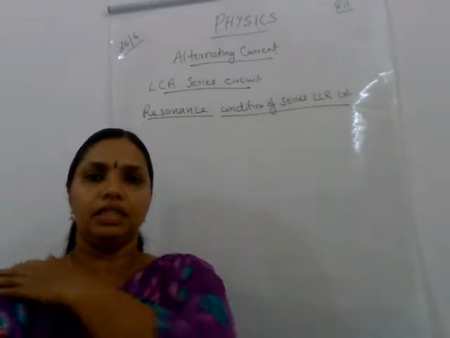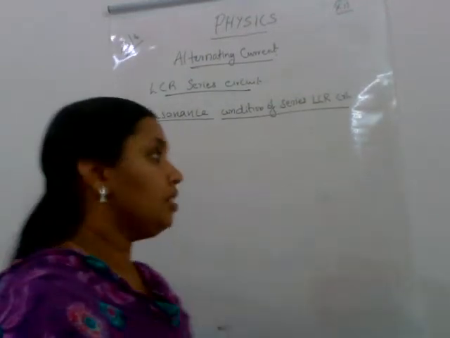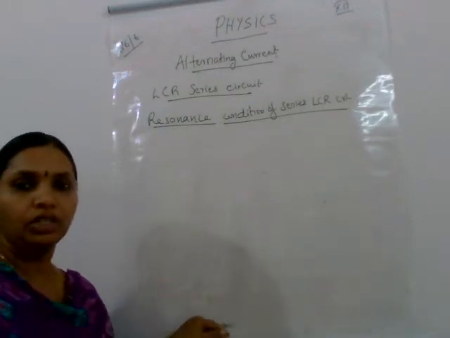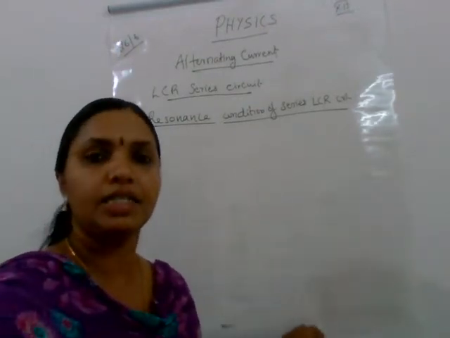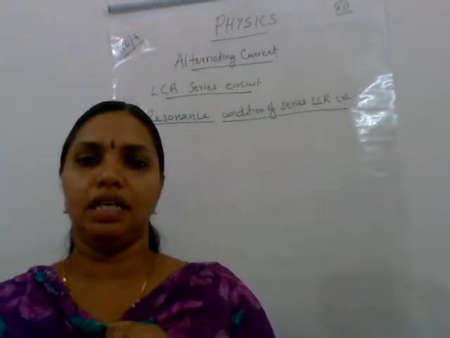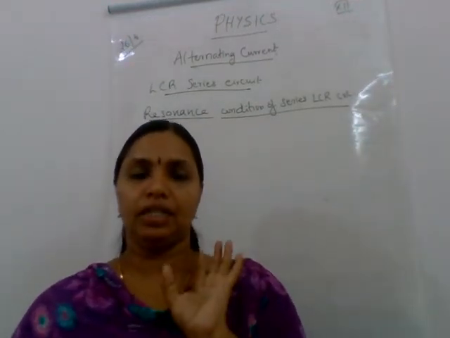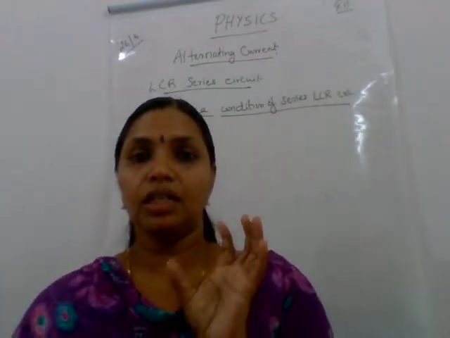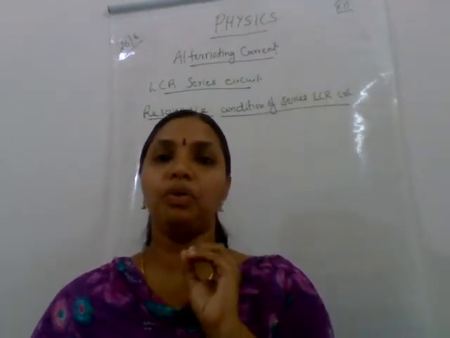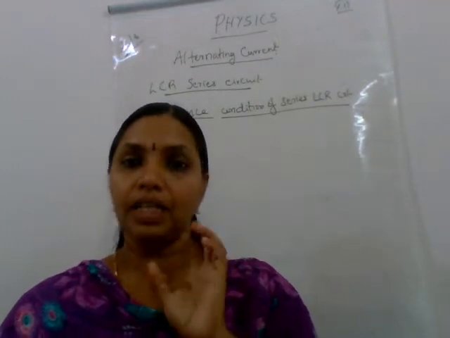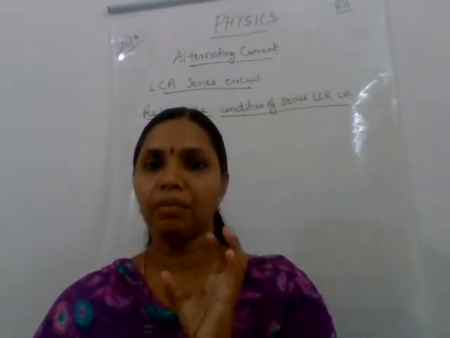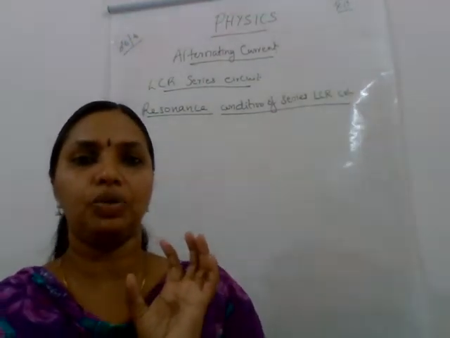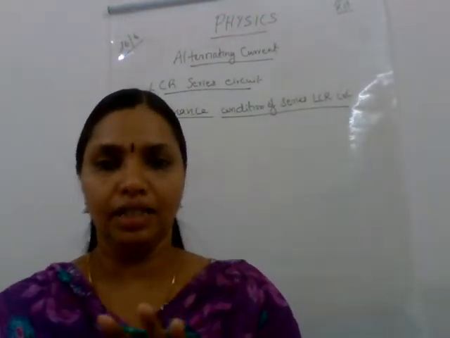So next is the resonance condition of series LCR circuit. What do you mean by the resonance condition in a series LCR circuit? It is the state at which the maximum current flows through the circuit. When the current flowing through the circuit is maximum, we can say the series LCR circuit is in the resonance condition.